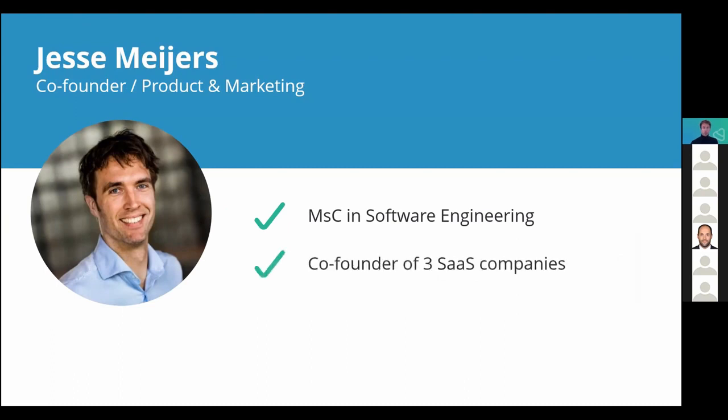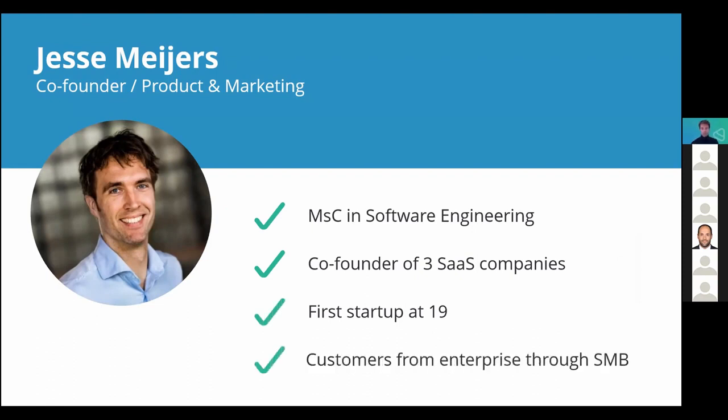So far, I've founded 3 different SaaS companies, of which the first was when I was 19 and still in uni. And with those companies, I've served customers ranging from enterprise level customers all the way through small, medium businesses, from tens of thousands of employees to those that had to make the decision of hiring their first employee, which is really cool. As an entrepreneur myself, I love that moment. So that's a little bit about me.